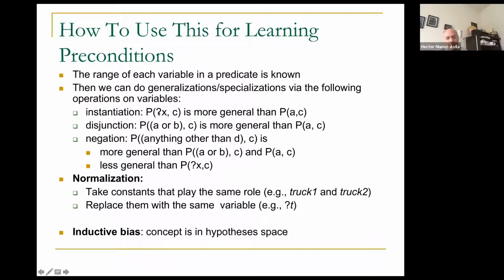Typically, for example, I replace a constant with a variable. That's a generalization, or vice versa, an instantiation will go the other way. Negation is simulated by saying, okay, if it's anything other than D, that's a representation of the condition for a parameter.